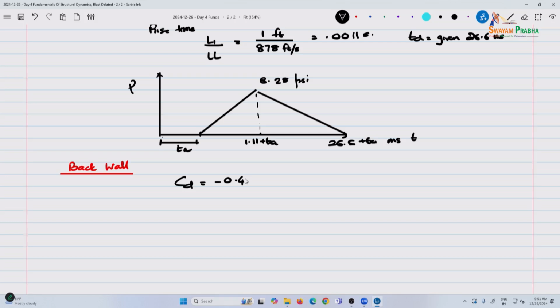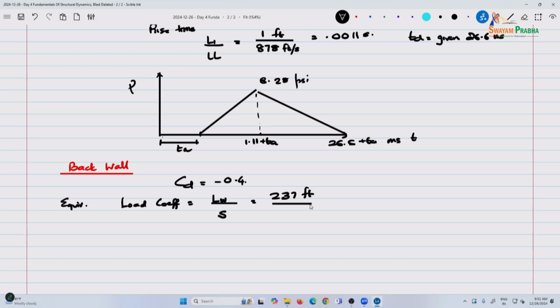The equivalent load coefficient is given as LW divided by S. LW is the wavelength, 237 feet.